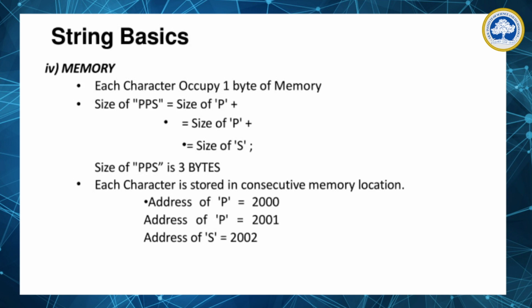Each character is stored in continuous memory allocation. Let's consider the first P is stored at memory location 2000, the second P at 2001, and S at 2002. So the characters are stored continuously in these memory locations.